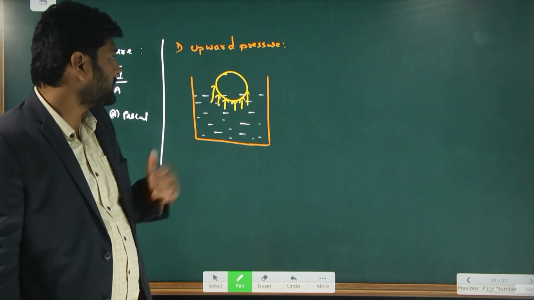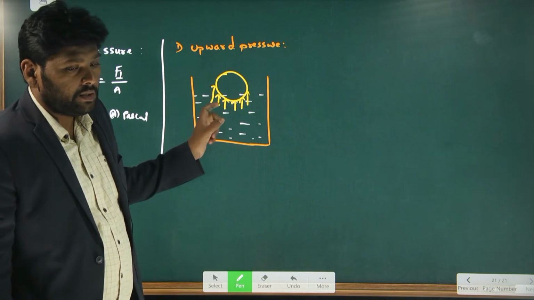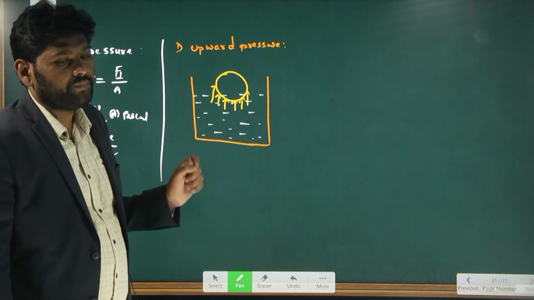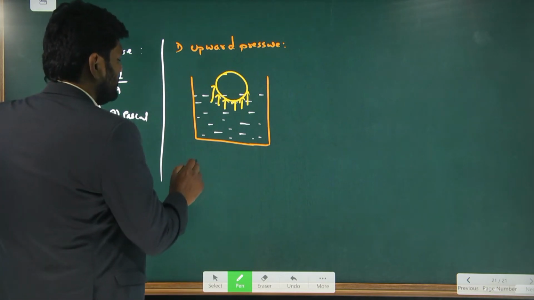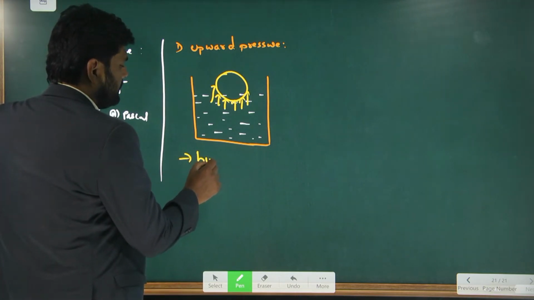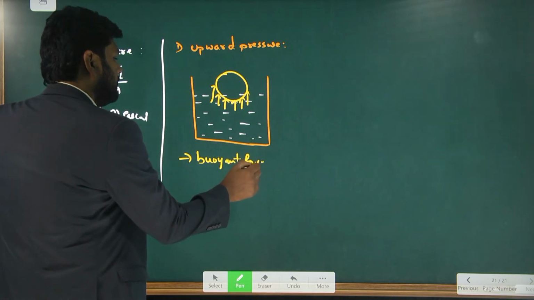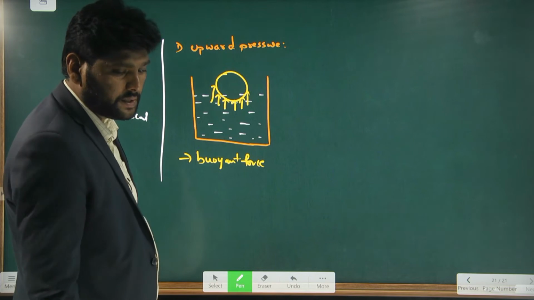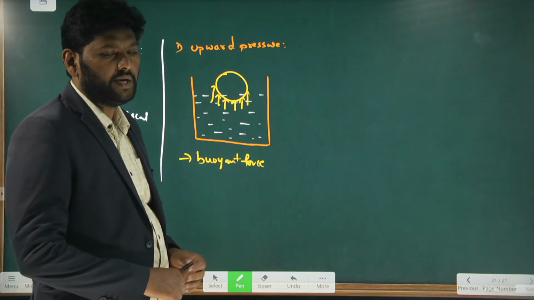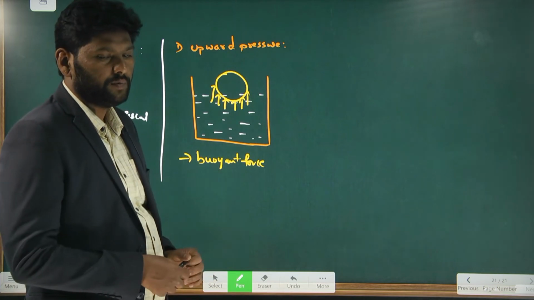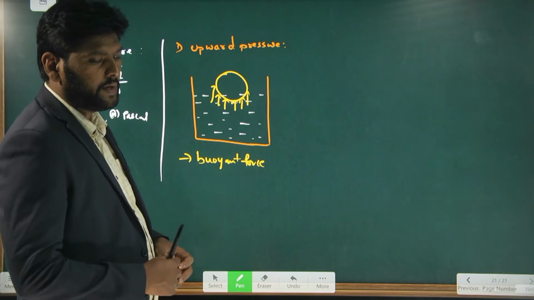Due to this upward pressure, some force exists. That force is known as buoyant force. Buoyant force is a force because of the upward pressure acting on bodies when they are submerged in a liquid. Understand?